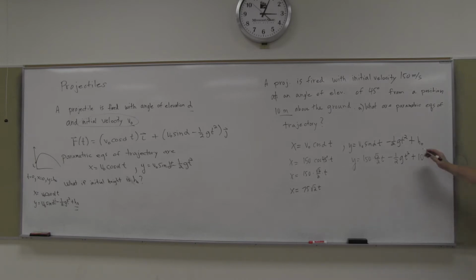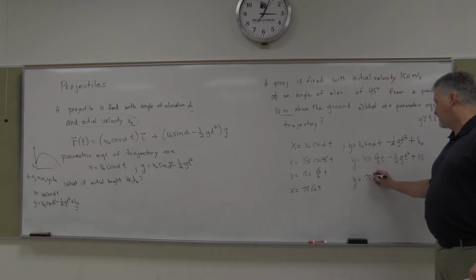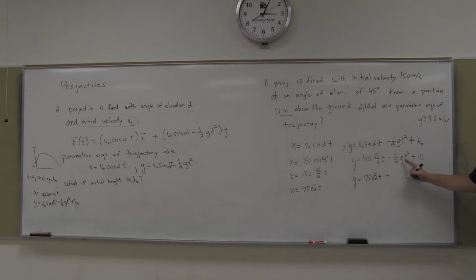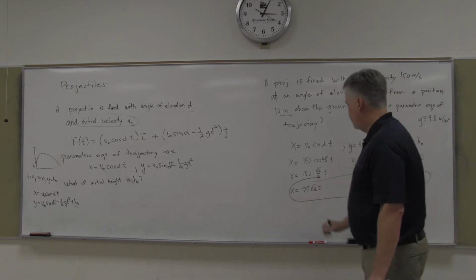Again, like I said, we'll approximate g with 9.8 meters per second squared. That makes our y 75 square root of 2t minus half of 9.8, so minus 4.9 t squared plus 10. So those are my trajectory equations.